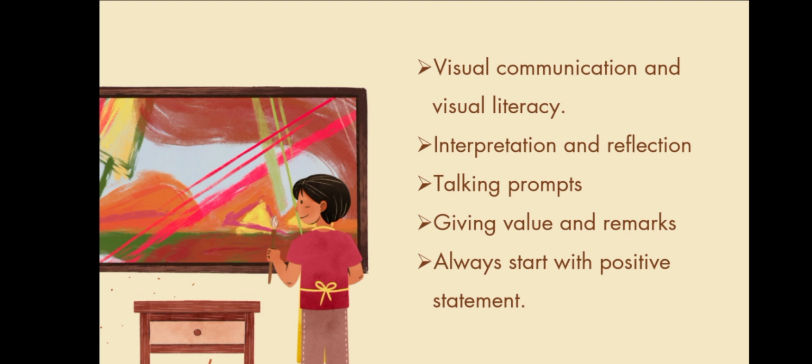Next one is the interpretation and reflection. So, interpretation and reflection are essential aspects of art appreciation that allow individuals to engage deeply with artworks and derive personal meaning from them.